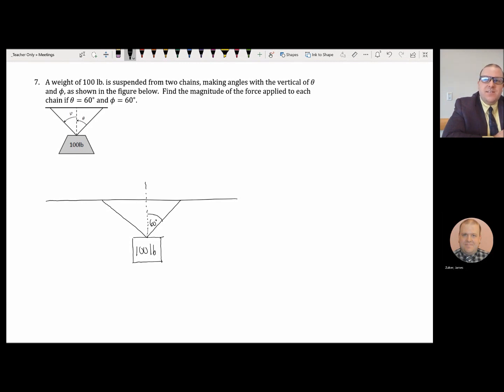So we're going to consider theta. We know it's 60 degrees. Which means that angle has to be what? 30.